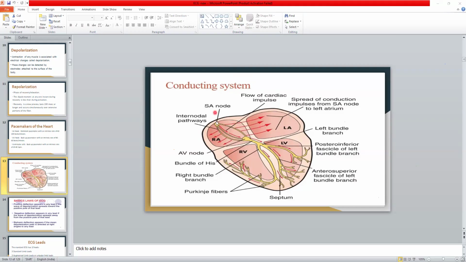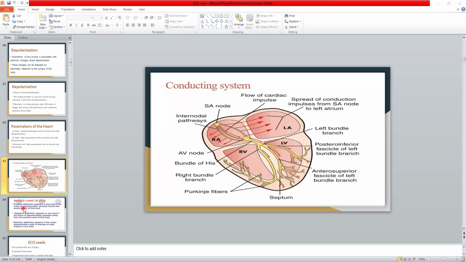From the SA node, through the internodal pathways, the cardiac impulses are transmitted to the AV node. From the AV node, they are transmitted to the bundle of His. From the bundle of His, through the left bundle branch and the right bundle branch, the impulses are transmitted through the Purkinje fibers to the right ventricle and the left ventricle.